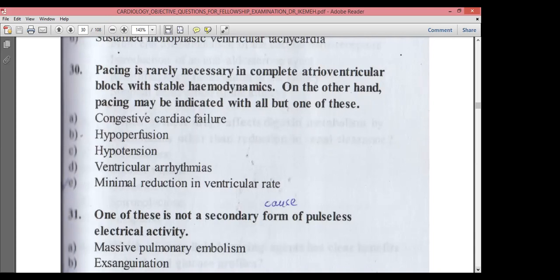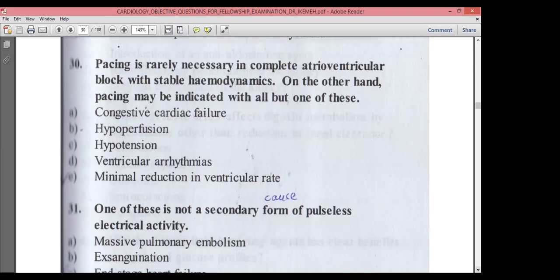From the name, in this kind of rhythm, the electrical activity is normal, but there is no contraction. So the conduction system is intact and sending impulses to the myocardium, but the myocardium is not contracting.